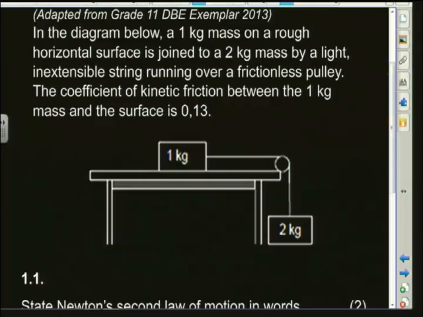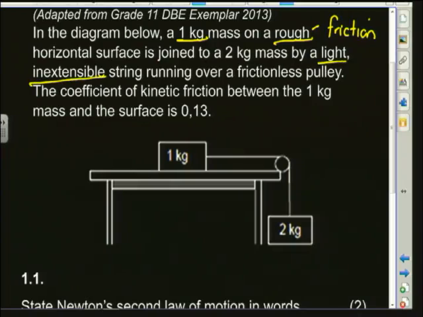In the diagram below, we have a 1 kilogram mass on a rough horizontal surface. As soon as you see the word rough, that means there is friction. With friction being involved, that might be kinetic or static. We have to see what happens with the rest of the question. It's joined to a 2 kilogram mass by a light, inextensible string.